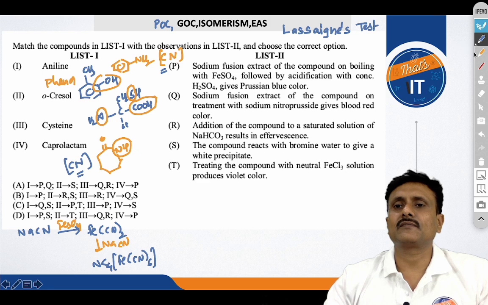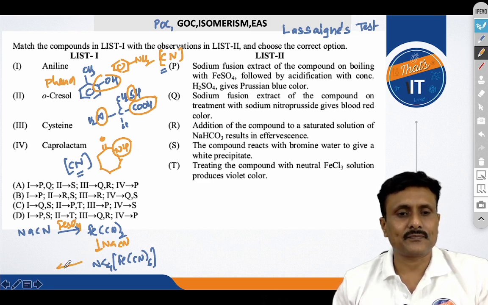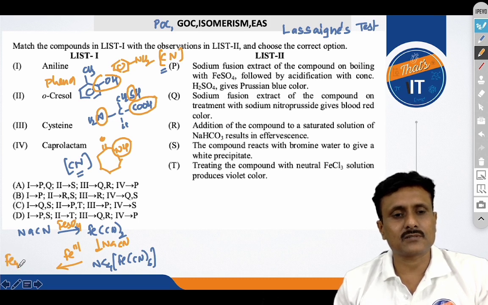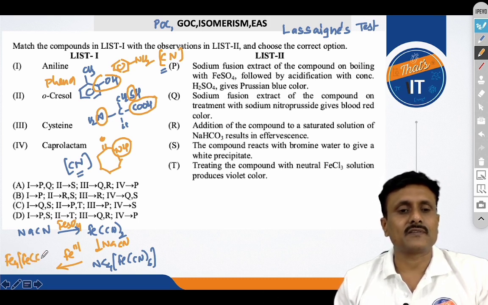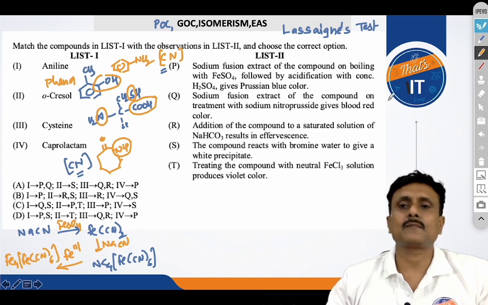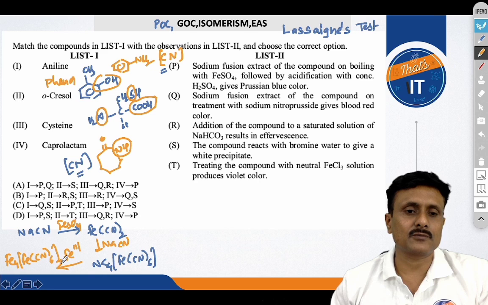Alright, now you may be thinking, from where do we get iron 3+? Because iron 3+ is only converting this into the Prussian blue, that is Fe4[Fe(CN)6]3, isn't it? So this is the formula of the Prussian blue complex.